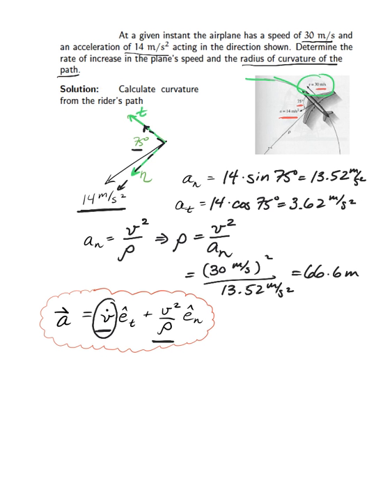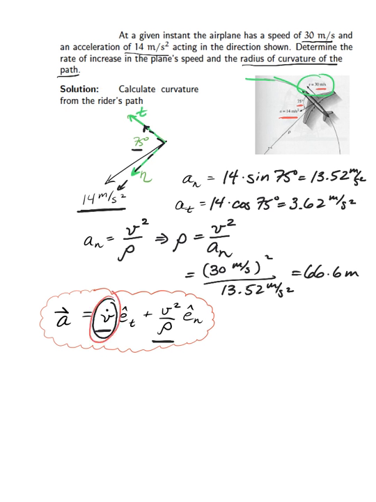That would be a pretty challenging calculation using XY coordinates. We'll actually have an equation for it in just a second, but we'll happily take our radius of curvature from a pretty straightforward calculation. It also asks for the rate of increase of the plane's speed.